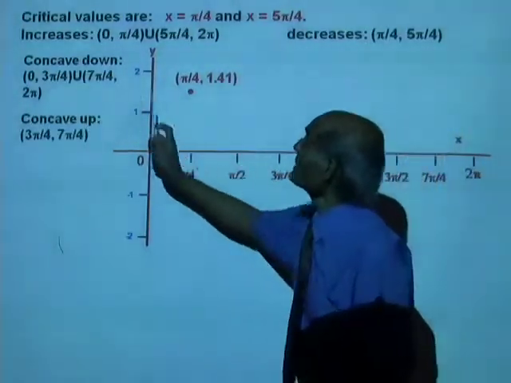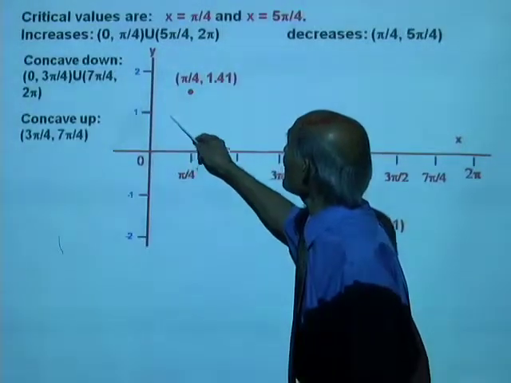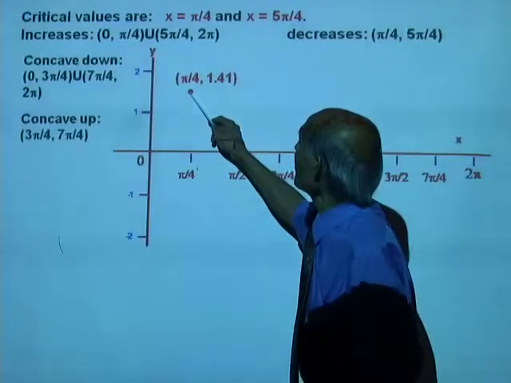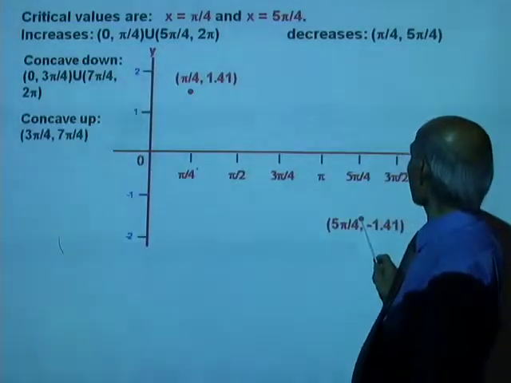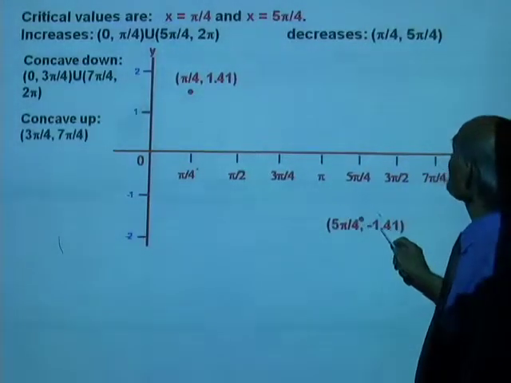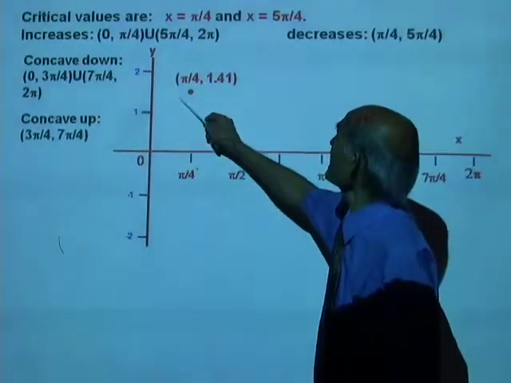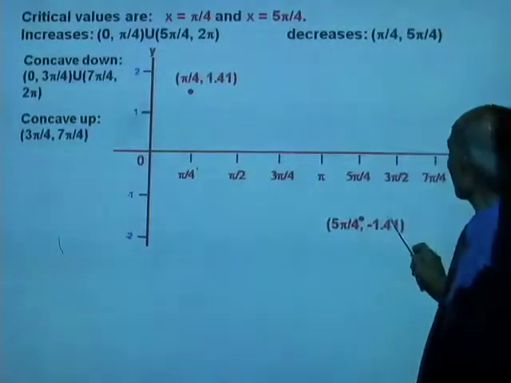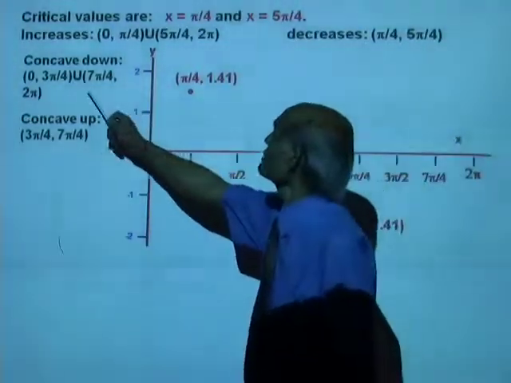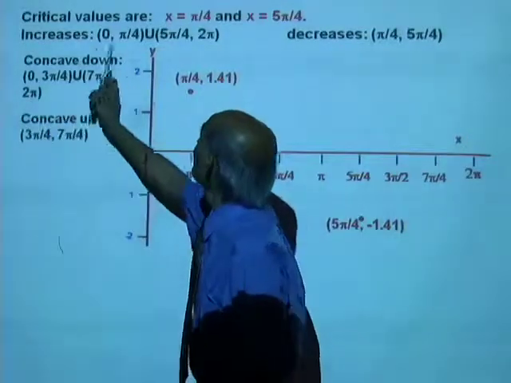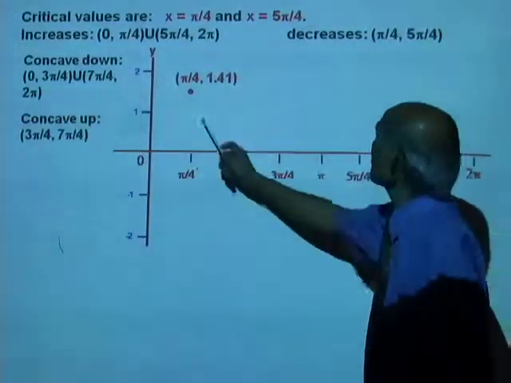Then you have the function is increasing from 0 to pi by 4, also increases from 5 pi by 4 to 2 pi. You can see it's increasing here and increasing here, and in between it decreases on pi by 4 to 5 pi by 4.